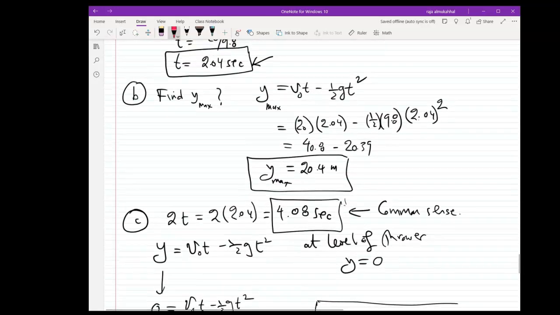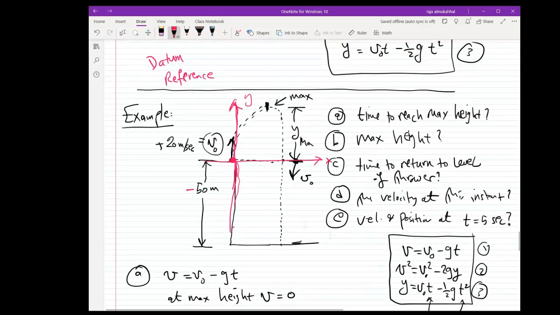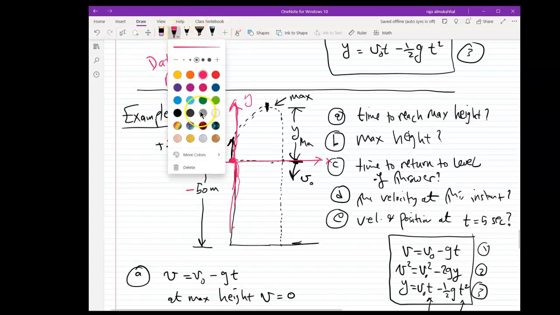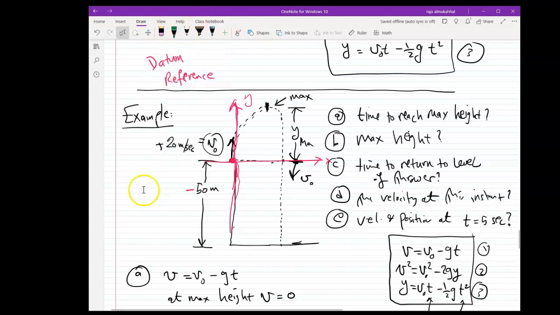If I'm going to be measuring it, what that means is the following. I threw the ball. Let me use yet a different color. Let's say I throw the ball up here. Here's the ball. It goes up. On the 2.04 second, it reaches the maximum value, right?